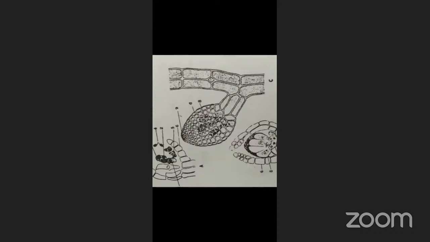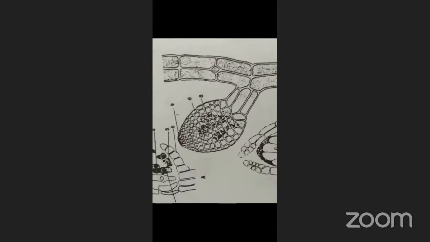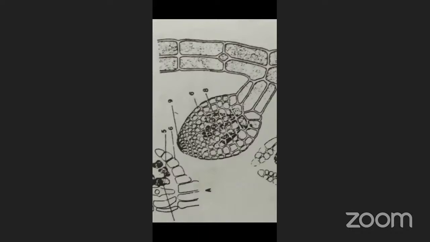The wall around the developing cystocarp is an urn-shaped structure. The pericarp has a terminal opening called the ostiole.